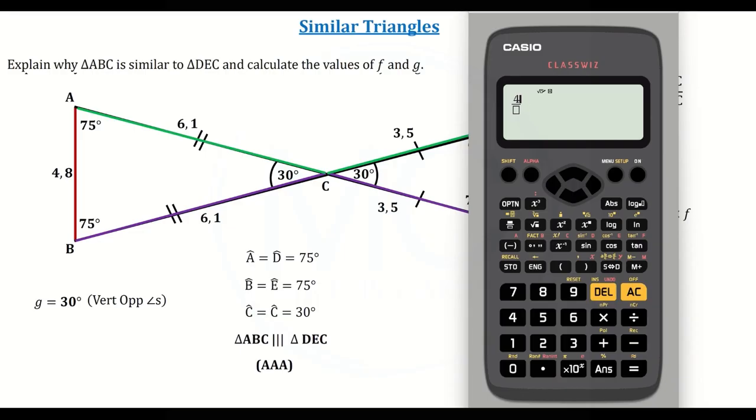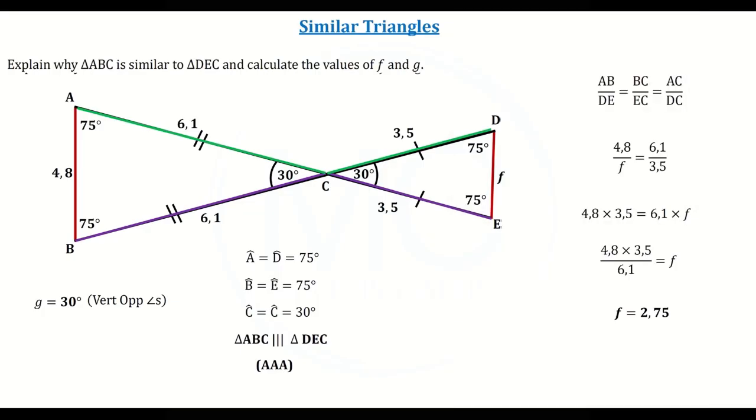We can say 4,8 multiplied by 3,5 divided by 6,1 is equal to, let's turn this into decimals, 2,754. Let's round off to 2 decimal places, and we see that f is equal to 2,75.